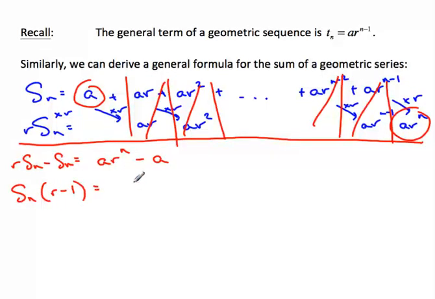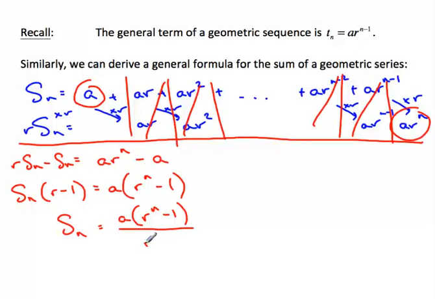And here we have a common factor of a, so we get a times r to the n minus 1. Remember, what we're trying to get is a formula for S sub n on its own. So dividing both sides by this r minus 1, we get a times r to the n minus 1 over r minus 1. And that's where our formula for the sum of the terms in a geometric series comes from.